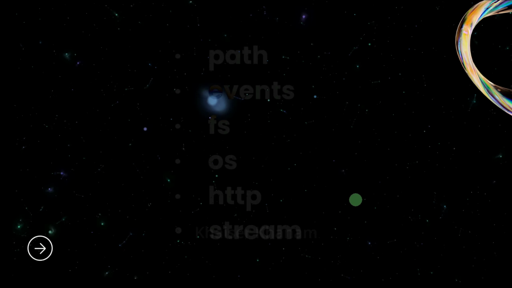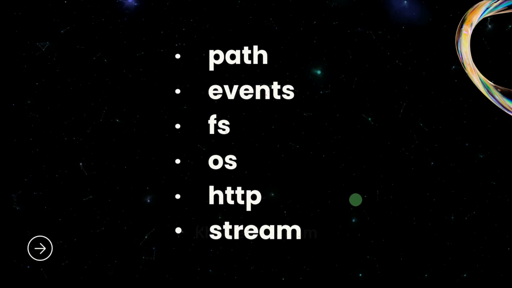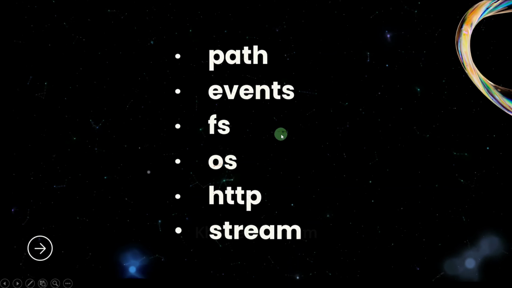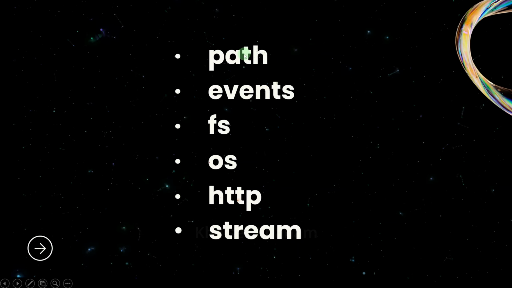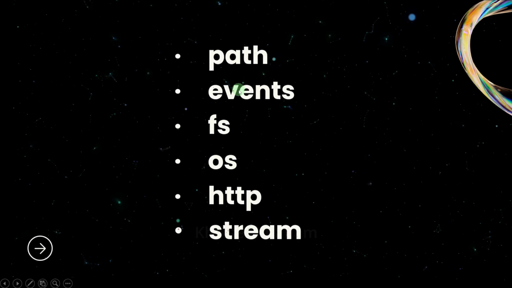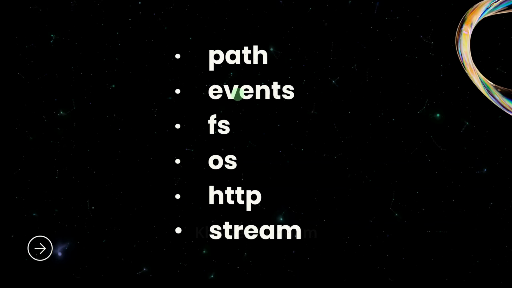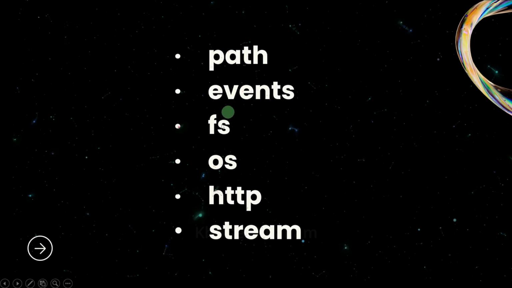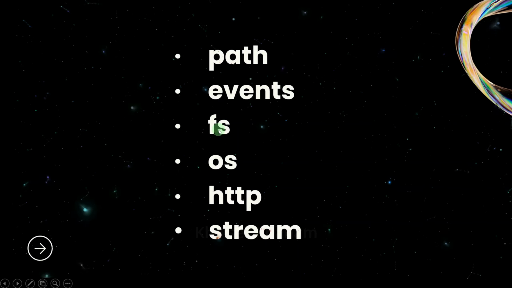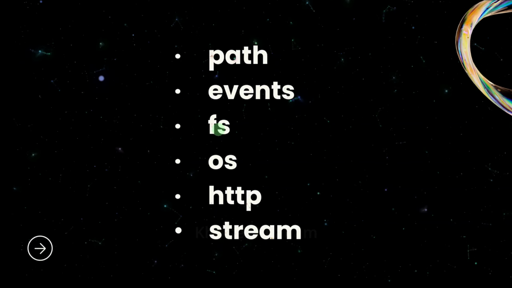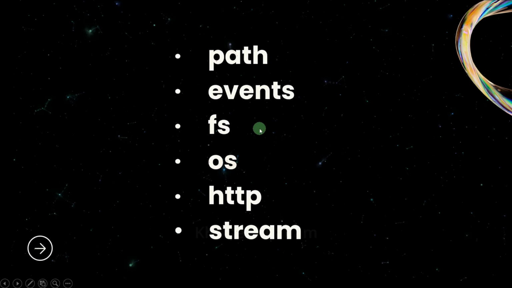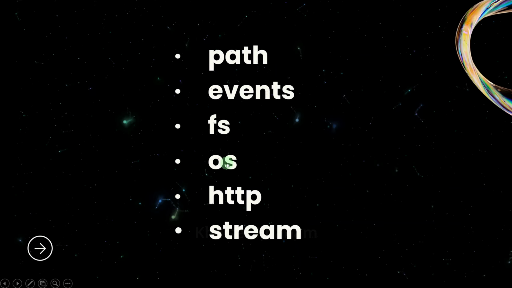We have tons and tons of built-in modules available in Node.js, but these are the most widely and commonly used. First, the path module, using which we can manipulate file paths. Then we have events, using which we can handle and trigger events. Then fs, that is file system. Using this, we can perform file operations like reading, writing, or updating files.